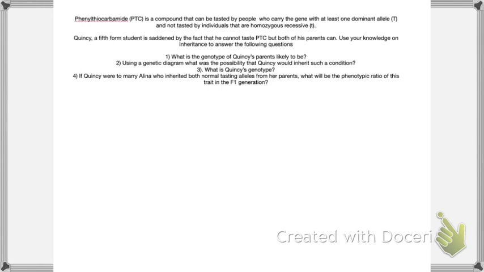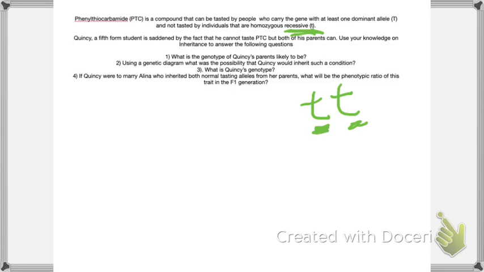So it says Quincy is a fifth form student and is saddened by the fact that he cannot taste PTC, but both of his parents can. Use your knowledge of inheritance to answer the following question. What is the genotype of Quincy's parents likely to be? So remember, Quincy cannot taste PTC. And if he cannot taste it, it means that he inherited these sets of alleles.